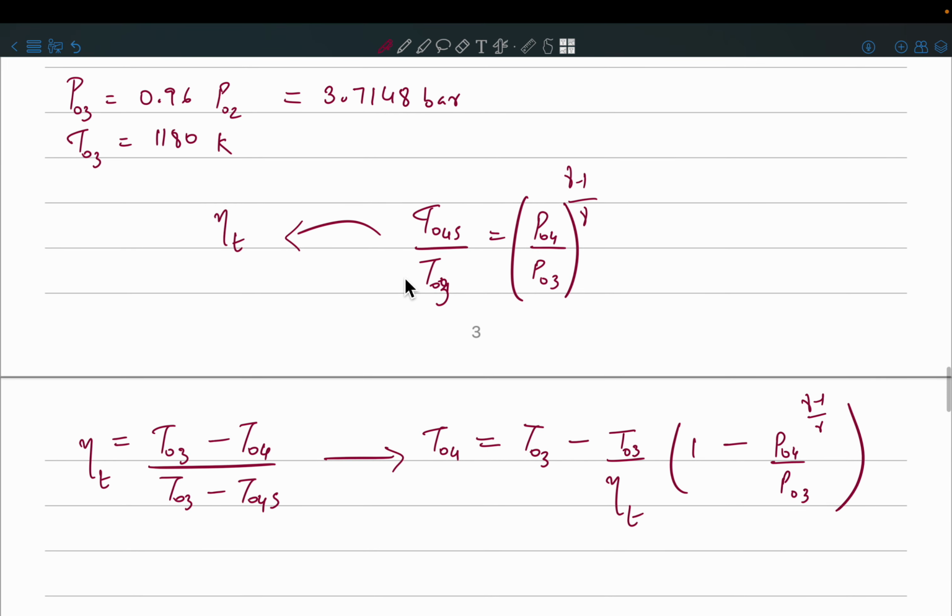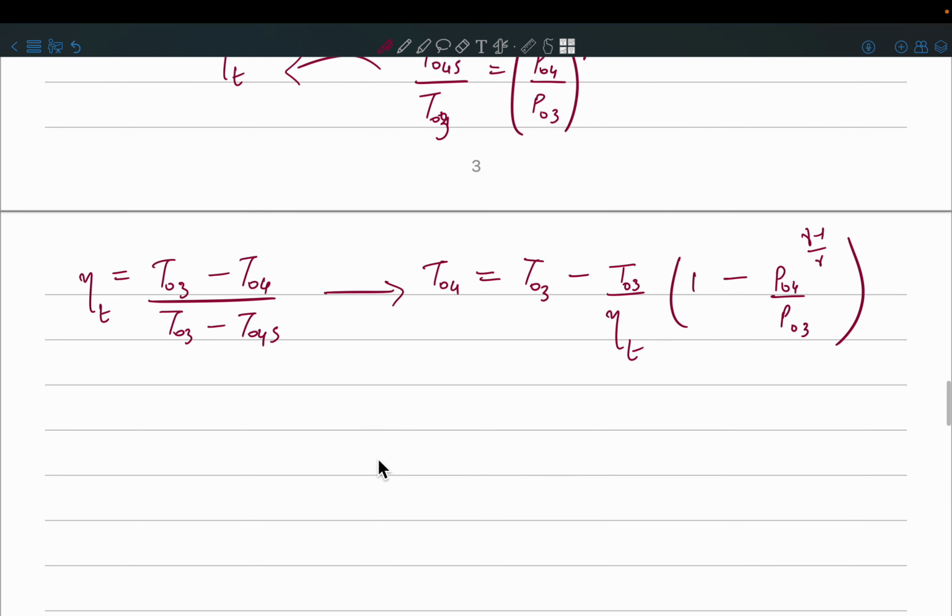Sorry, T naught 3, T naught 4, we need. Okay, maybe I'll just tell how to do it. So you can rewrite this as T naught 4 is equal to T naught 3 minus 1 by eta t into T naught 3 minus T naught 4s.